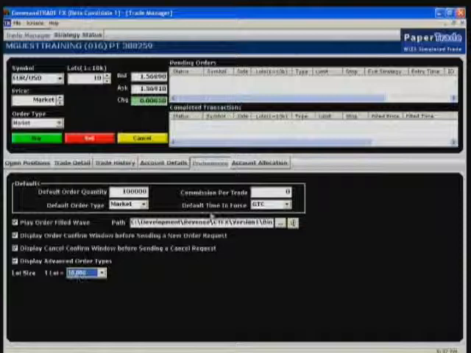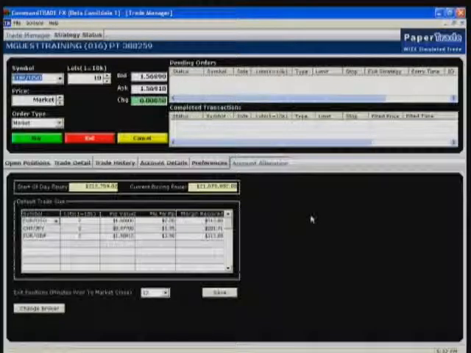Keep following my mouse. We're going to go to the account allocation section. And this is really cool. First of all, your current buying power, your start of day buying power. But right over here, this is where you're going to customize how CommandTRADE invests your money. This is the area. It's going to be per currency pair. So follow my mouse. I'm just going to go ahead and show you how you would do that.